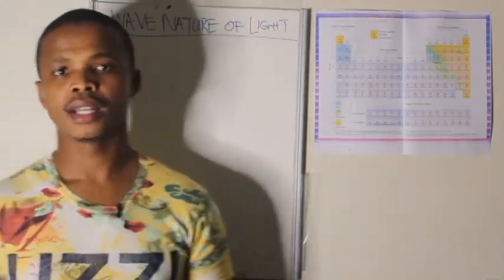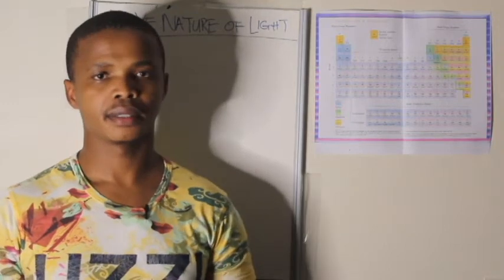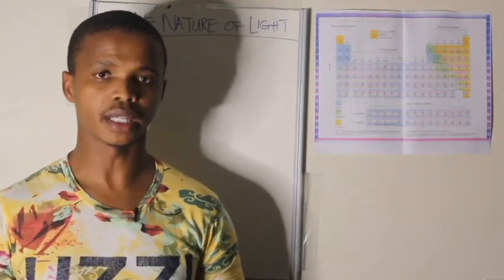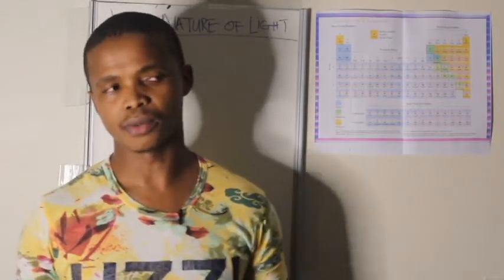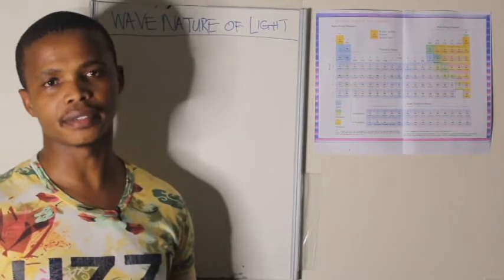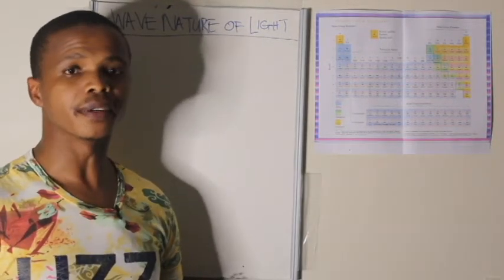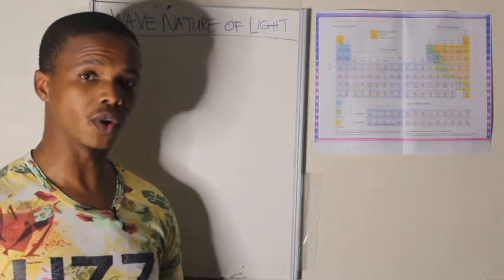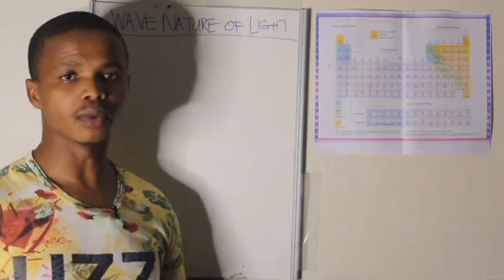So light on its own has a dual nature. We'll deal with the first one today, which is the wave nature. So what is a wave? A wave, we've seen a wave maybe in the ocean or when you drop something in still water.